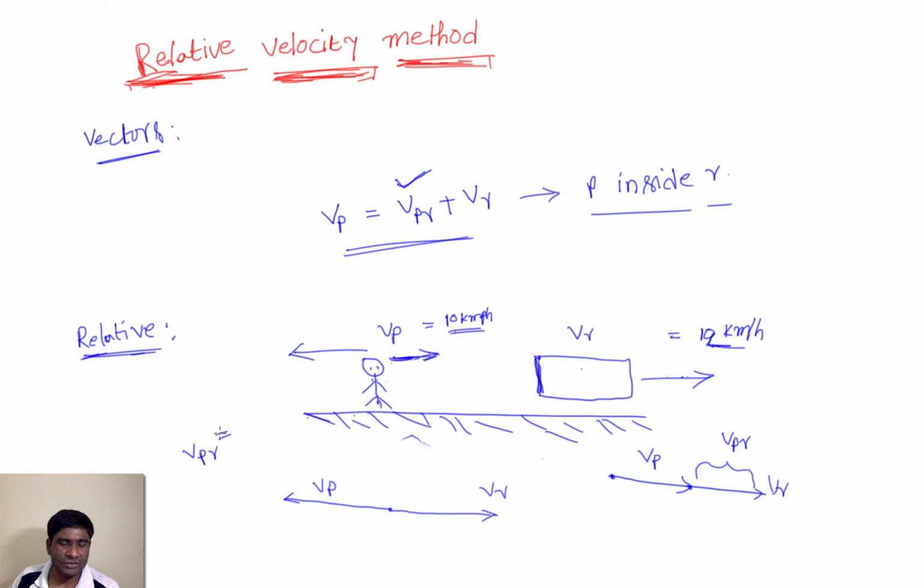That means velocity will be added, because distance is very much increasing. In the previous case, since they are moving in the same direction, not much distance is added, but here distance is much more compared to the previous case. That means velocity is proportional to distance, so relative velocity should increase. So here Vp plus Vr.